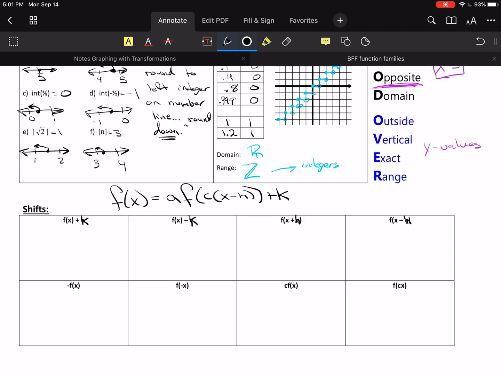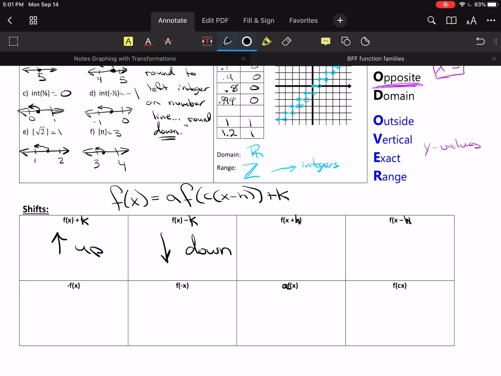Okay. Those two are good. This one down here, instead of the c in front, we're going to change that to a, and then the rest are good, okay? So, adding k or subtracting k, that's outside of the function. So if I'm adding k, that's going to be shifting up. If I'm subtracting k, down.